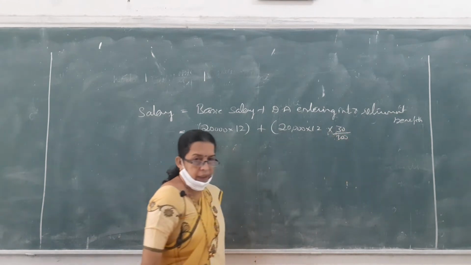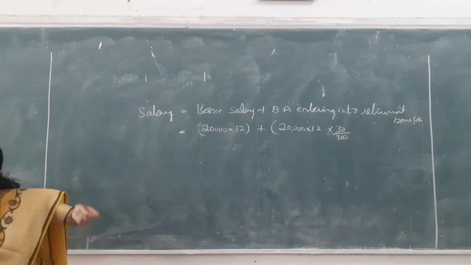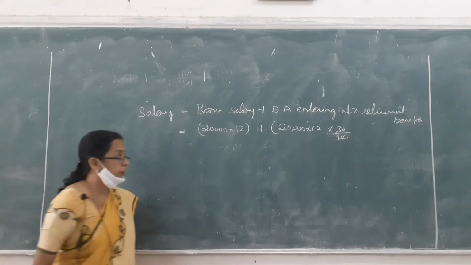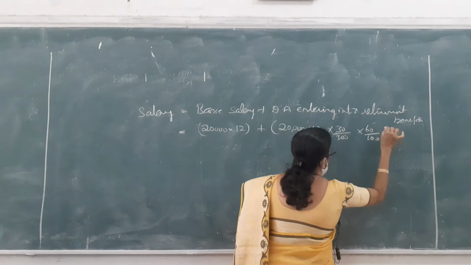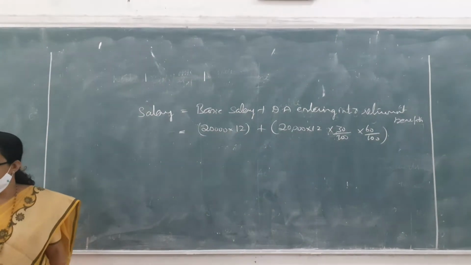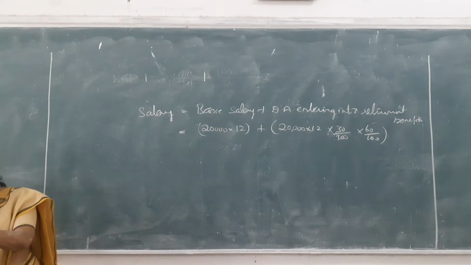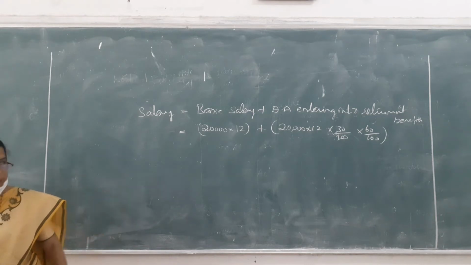Is it clear? In that 30%, 60% forms part of salary, so into 60 by 100. Here DA means 30% of salary. Out of that 30% DA, 60% forms part of salary. That should be taken for the purpose of calculation of exempted HRA.